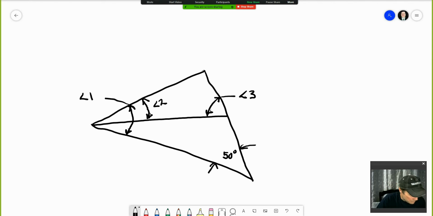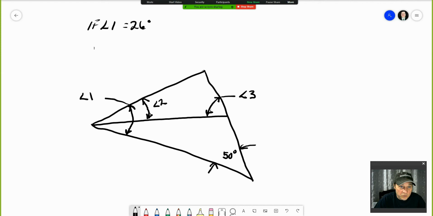So let's say if angle 1 equals 26 degrees, and feel free to work this out, guys. I'm going to give you a couple of minutes because I want you to try and do some of this work yourself, so I'm sure that you got it.